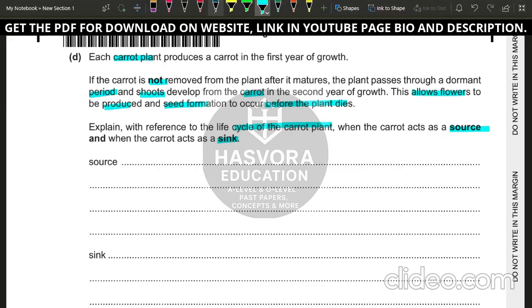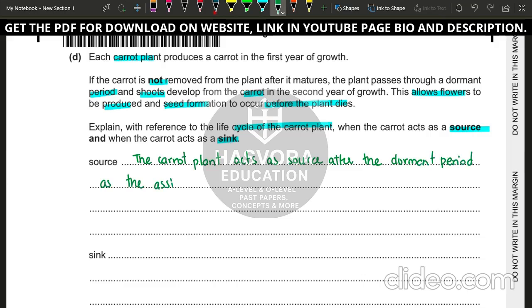So you can write it as the carrot plant acts as source after the dormant period as the assimilates are converted, like what is stored in the carrot, it is converted to sugars from the starch.